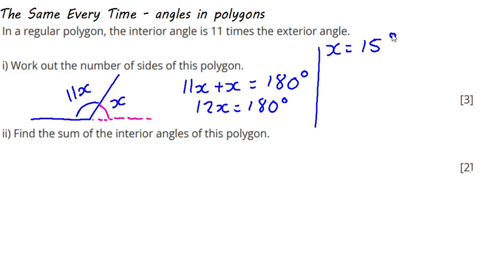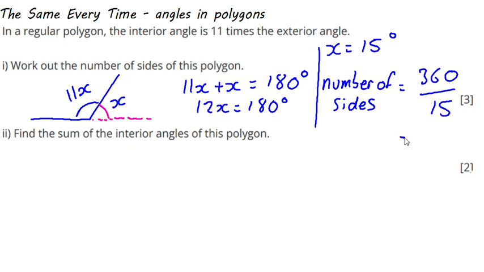So what do they actually want? The number of sides of this polygon. Okay, so now that we've got the 15, it's all relatively easy. The number of sides is going to be 360 divided by the size of one exterior angle. So 360 divided by 15, that gives me 24. So 24 sides.